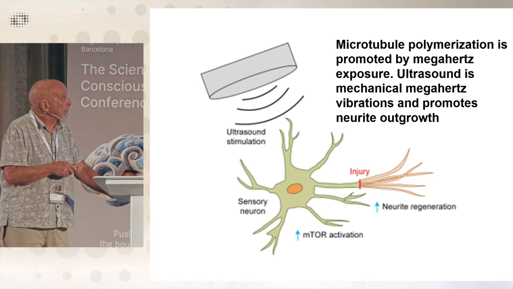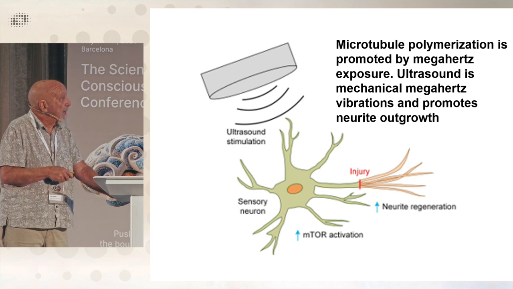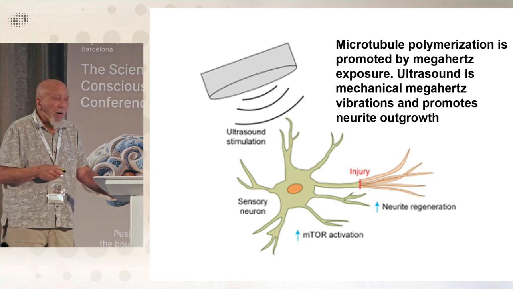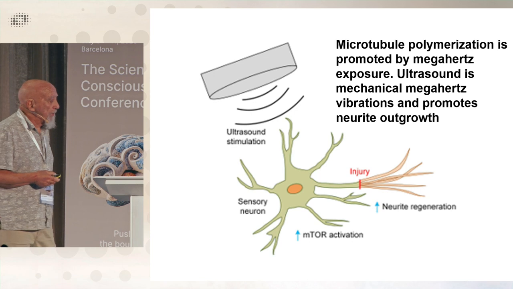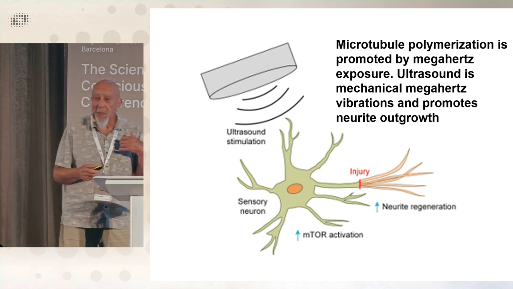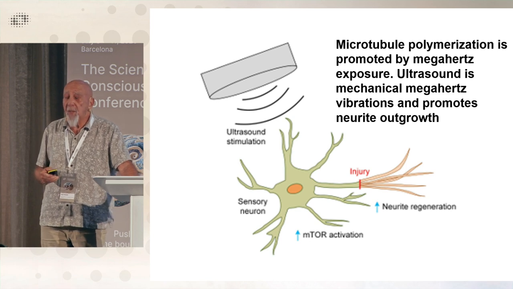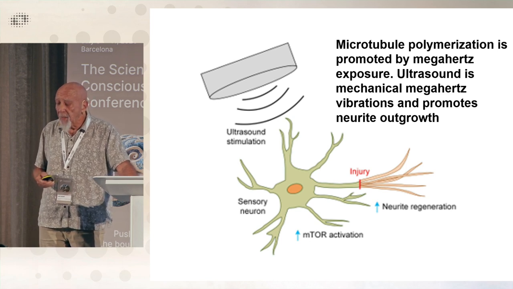But when they used ultrasound to stimulate, to resonate, the dendrite or the neurite grew back. And it's been shown in other studies that megahertz at low intensity promotes neurons to regrow, and it's been used for Alzheimer's.